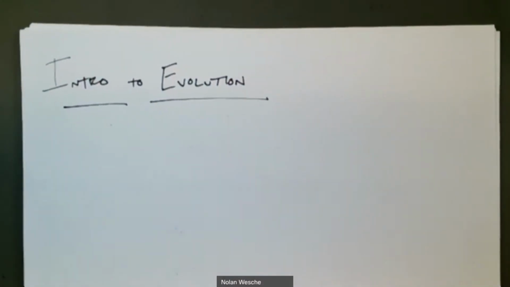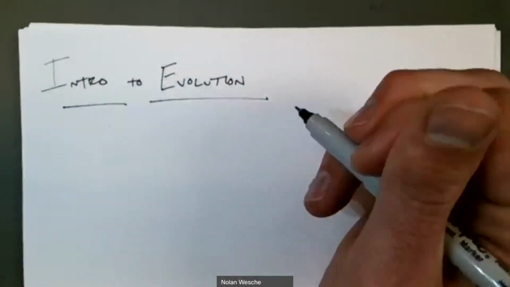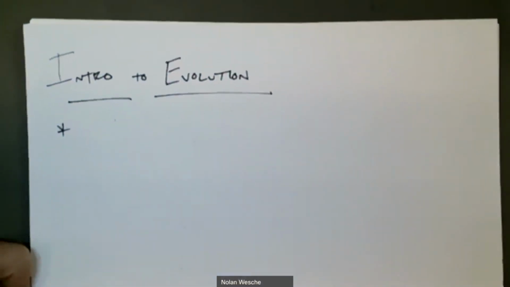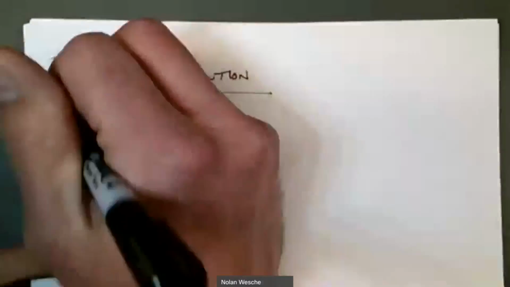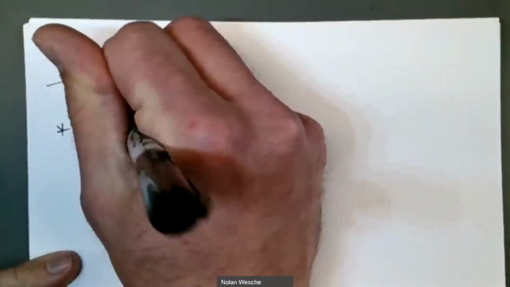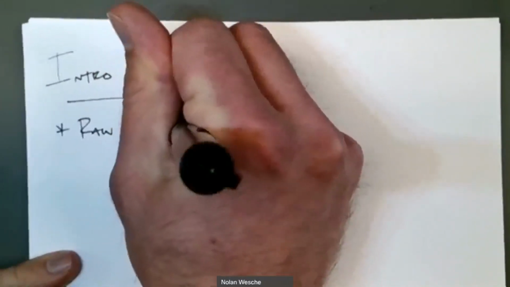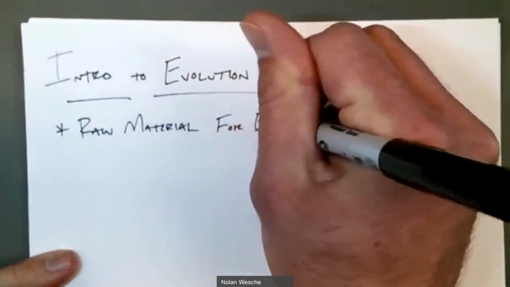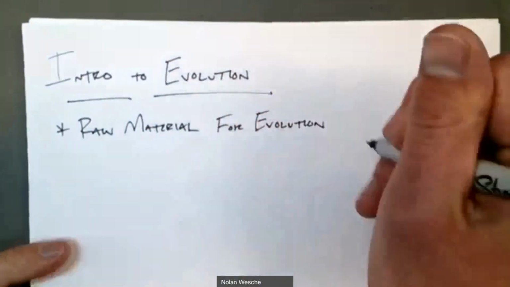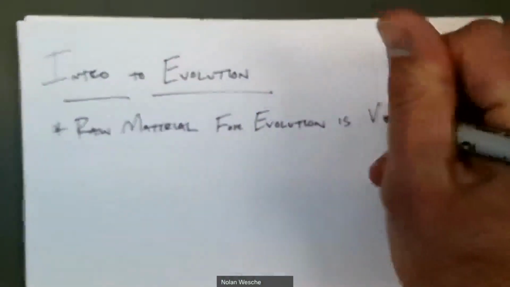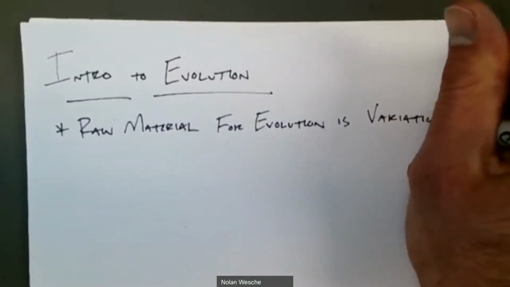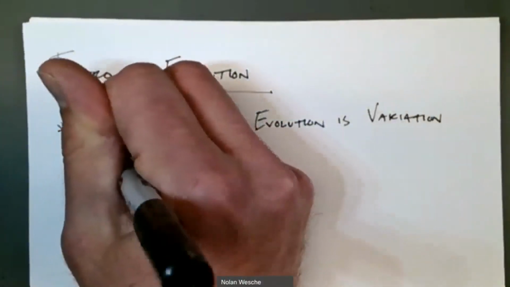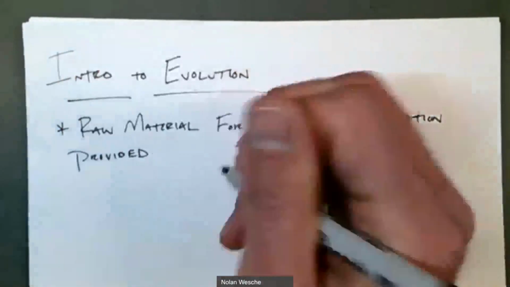Okay, so what we've talked about previously in units 5 and 6, this unit really marries those two ideas together quite nicely. So the raw material for evolution is going to be this variety. So it's the variation that's provided by what we've discussed previously in unit 5 and 6.